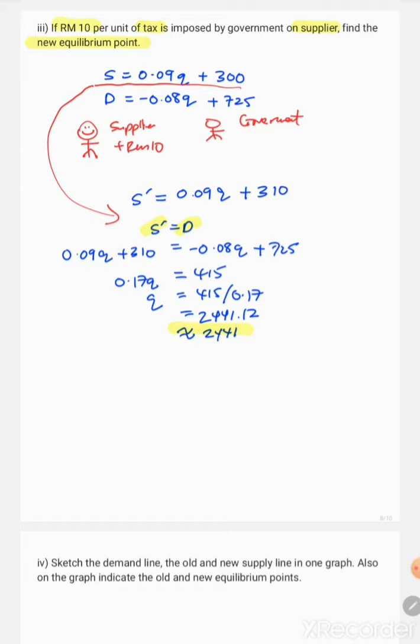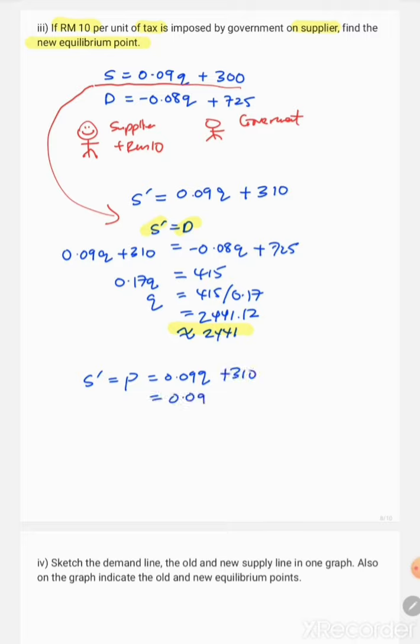So now madam chooses the new supply equation. To find the P, S prime equal to P, right? P is the equilibrium price, equal to 0.09Q plus 310.